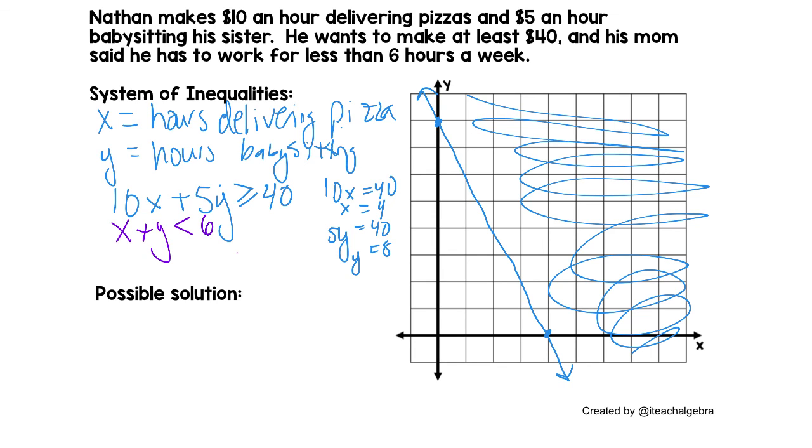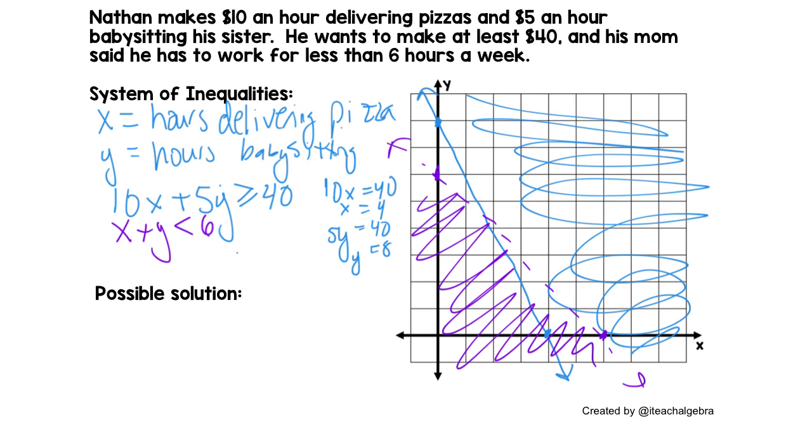Now, the other one, our intercepts are 6. 1, 2, 3, 4, 5, 6, and 6. This is a dashed line. Oh, it's so curvy, so sorry. And it's less than, so we shade below.